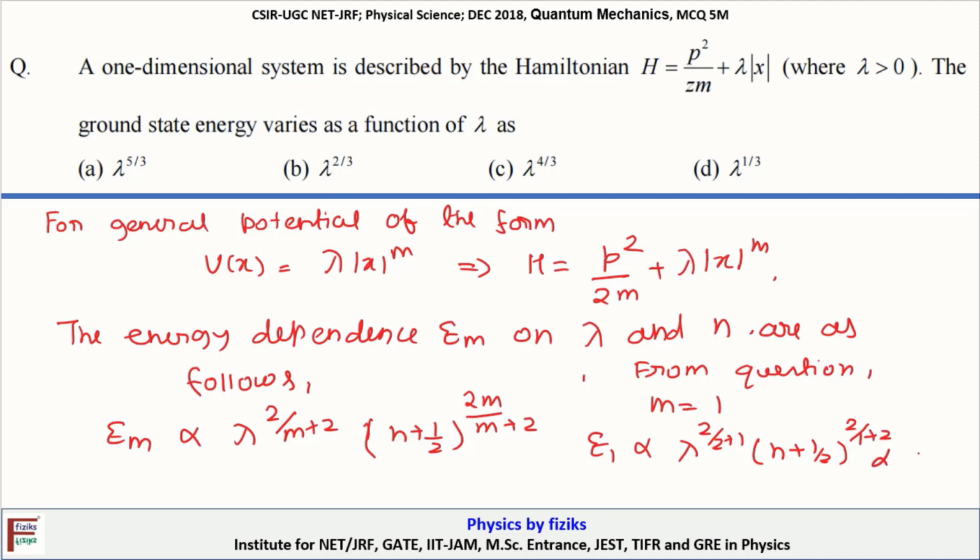That means lambda squared by 3 and n plus half is 2 by 3, which means our option B is correct.